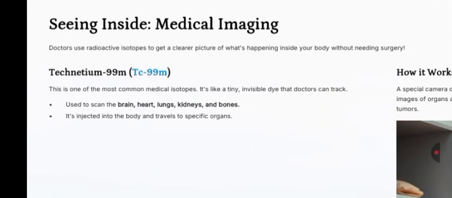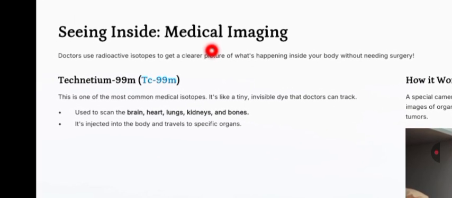Doctors use radioactive isotopes to get a clear picture of what's happening inside your body without needing surgery.